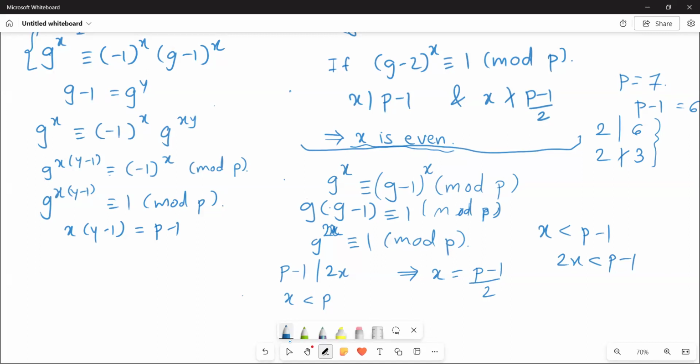Do we? Yeah, because we know g to the power x is congruent to g to the power minus x. Okay, so g to the power 2x is congruent to 1 mod p. x we know is less than p minus 1.